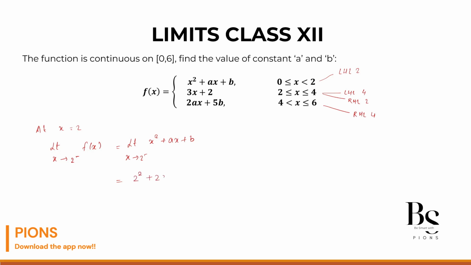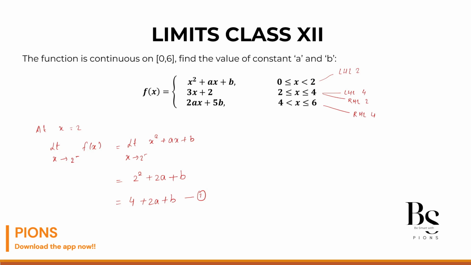So it will be 2 square plus 2a plus b. Substituting x as 2, it will be 2 square plus 2a plus b. So 2 square is 4, plus 2a plus b. Equation number 1. This is our left hand limit.